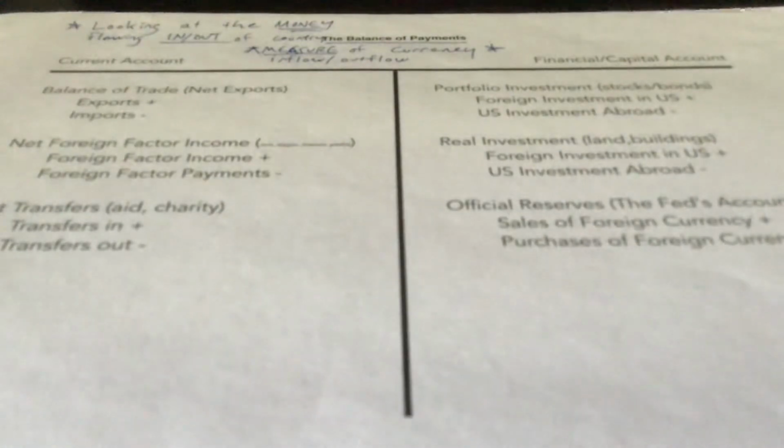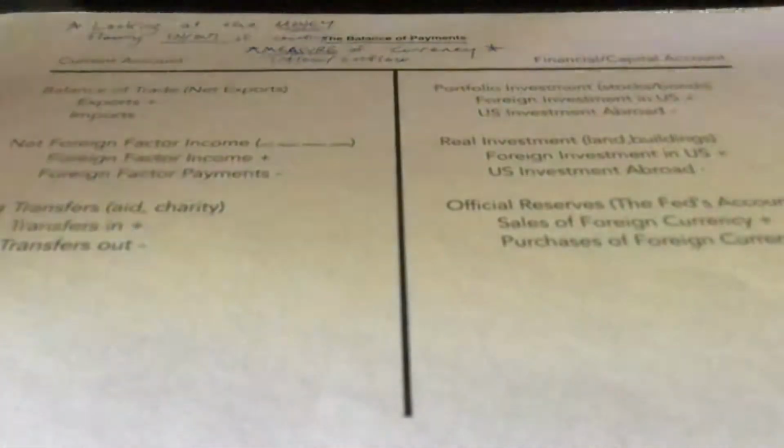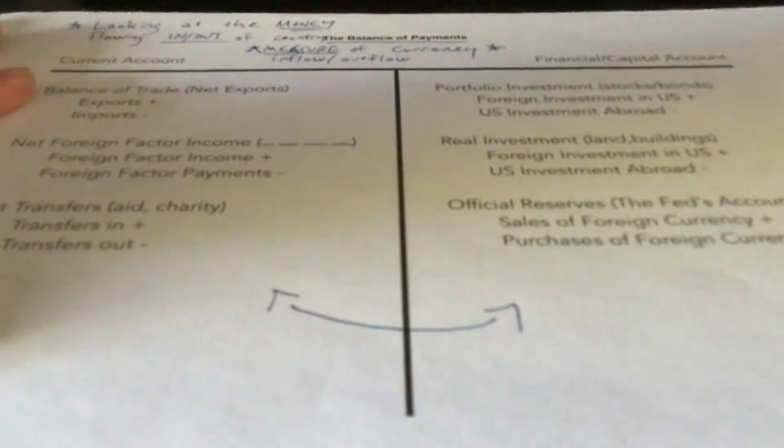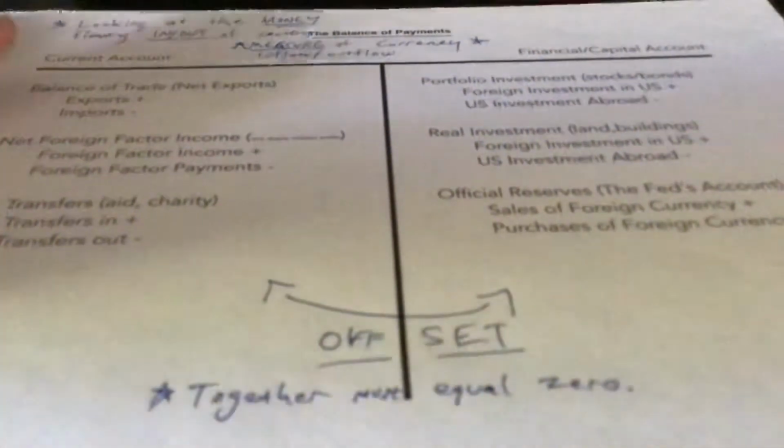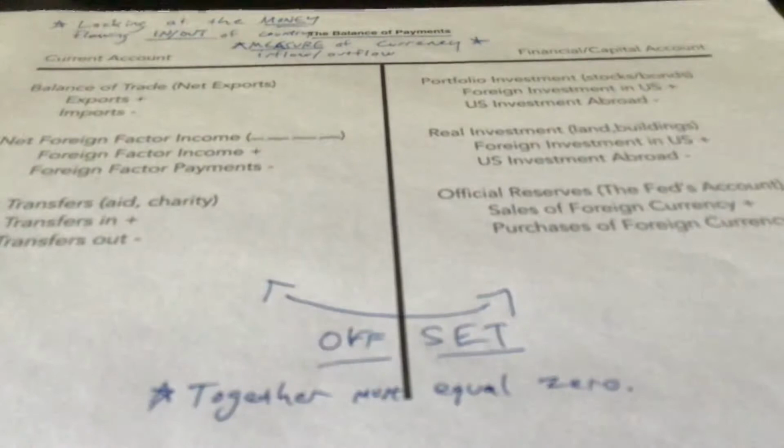And just like in the bank, together these must equal 0. They have to offset is the word. So I'm gonna draw an arrow between one and the other and put offset, okay? That means together they must equal 0. I like writing these things out for you because that lets me know how fast I'm going or if I'm going too slow.